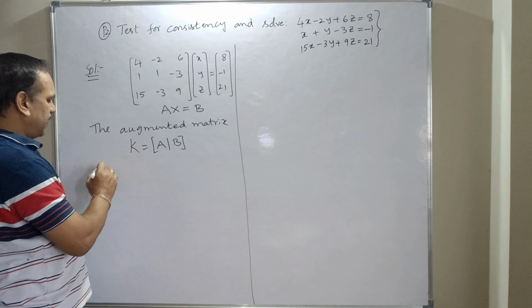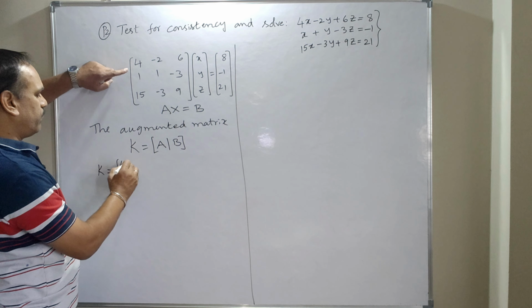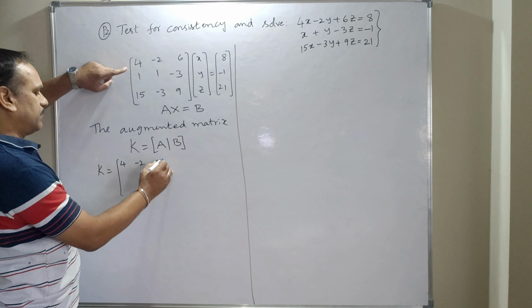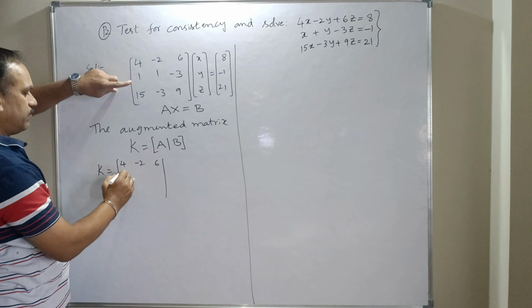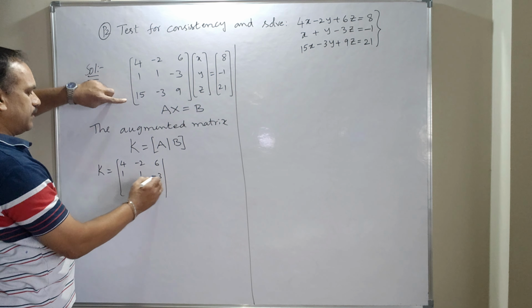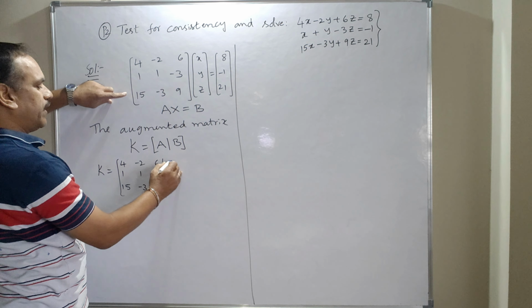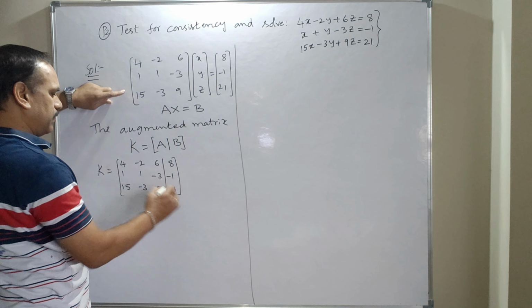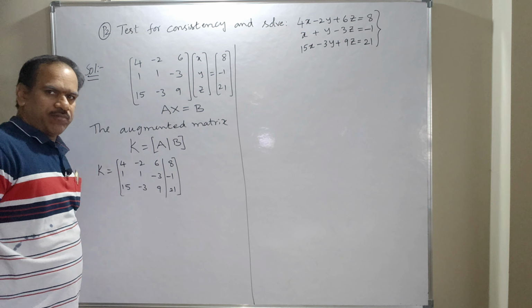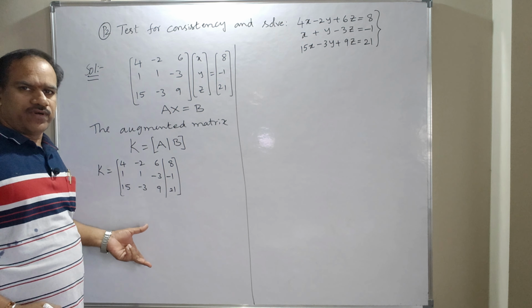So K equal to, you write the matrix A: 4 minus 2 6, 1 1 minus 3, 15 minus 3 9, and with a separation write the matrix B: 8 minus 1 21. Next step is we reduce this matrix into echelon form.